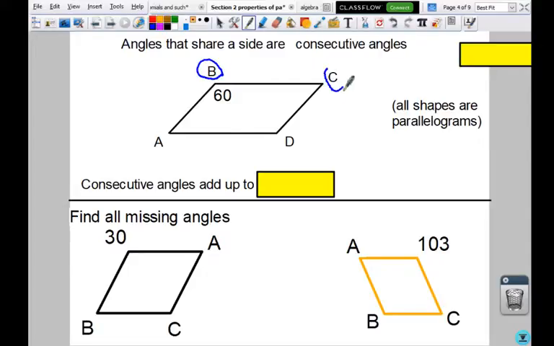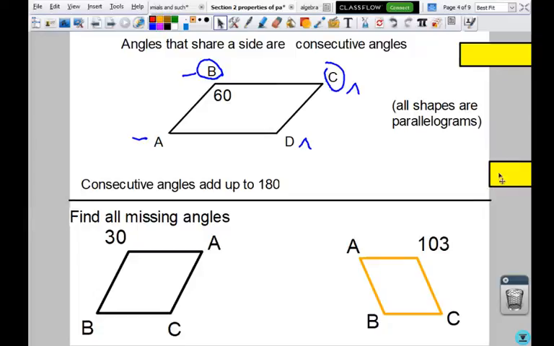B and C are consecutive, and B and A are consecutive, because they share the left side, B and A. B and C share the top side. C and B are consecutive, and so are C and D. You can keep going around. They just mean they're next to each other. And consecutive angles are special because they add up to 180.